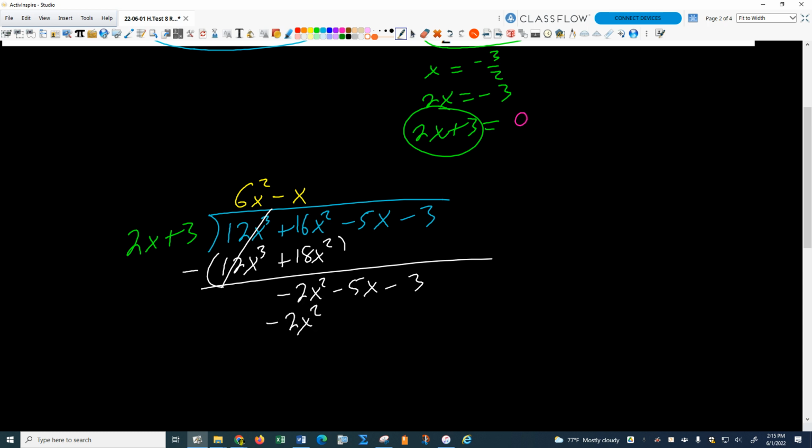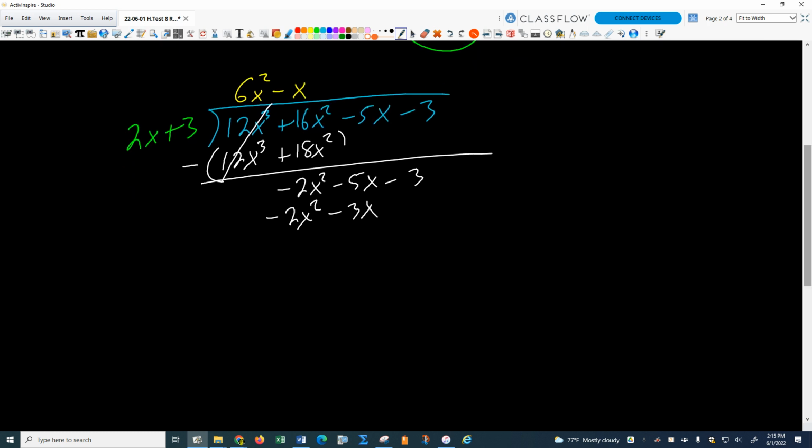Negative x times 3 is minus 3x. We'll subtract the whole thing, so those cancel. Negative 5x minus negative 3x is negative 2x, right? Bring down the minus 3.